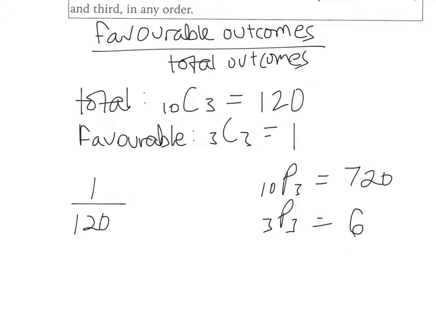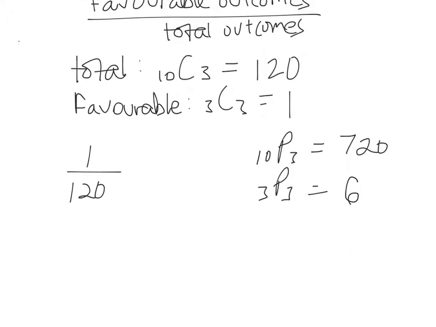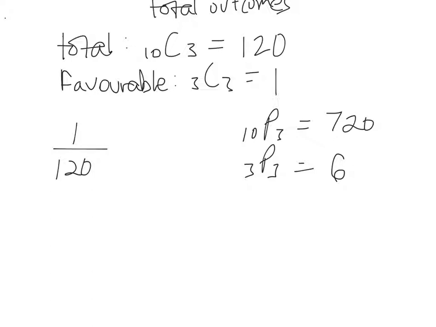So it's 6 out of 720, which if I put it into lowest terms by dividing by 6 is 1 over 120. Okay, so I do get the same answer, just like I said.